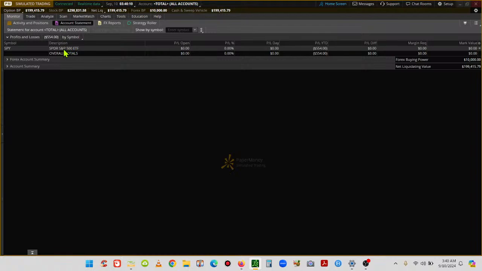Okay, so I traded the SPY, and you notice right there it says SPDR S&P 500 ETF. That is what the SPY is. It is an ETF of the S&P 500.